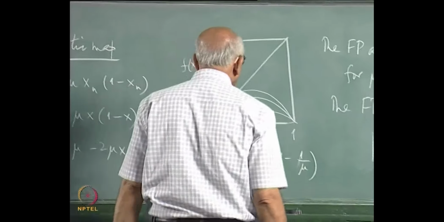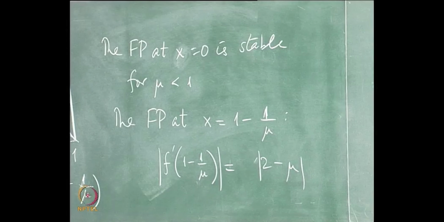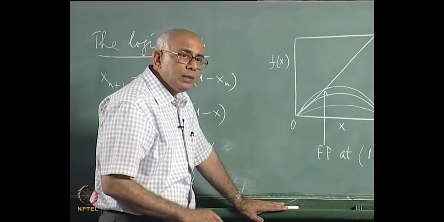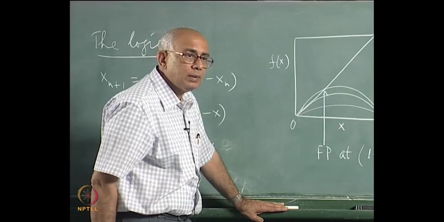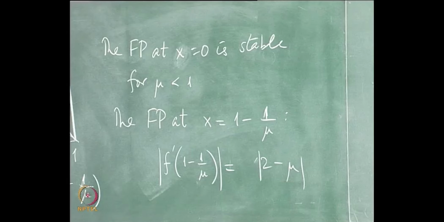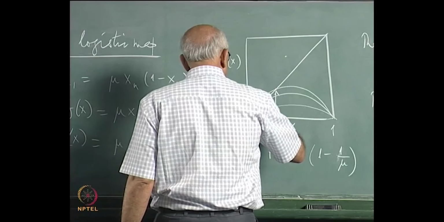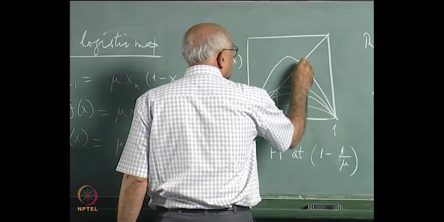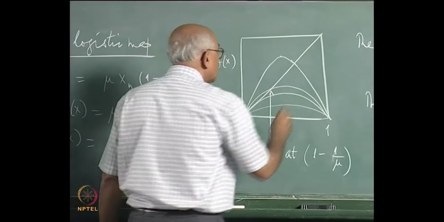Till what value of mu is this stable? Till 3, because we want the mod of this. So from mu equal to 1 to mu equal to 3, this fixed point is stable, right. At mu equal to 3, this map is out here till 3/4. So you have this, and the slope here becomes equal to 1 at mu equal to 3.